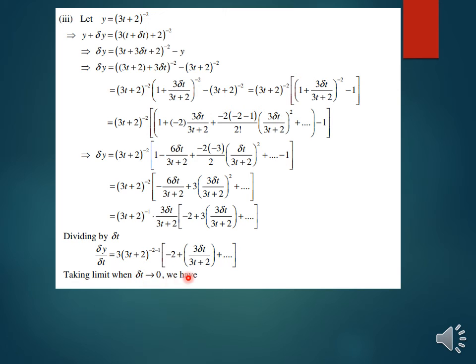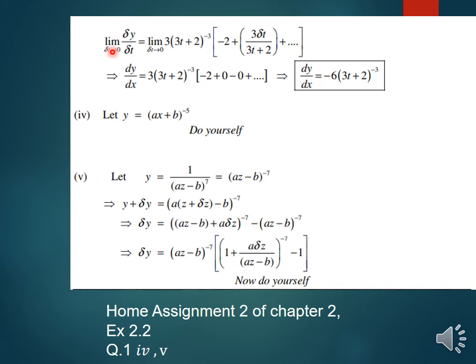And now in the next step, taking the limit when delta t approaches 0, we further solve in the next slide. Now student, if we take the limit as delta t approaches 0, then this term becomes dy upon dt. Student, it is dt, it is a typing mistake, it is dy upon dt.